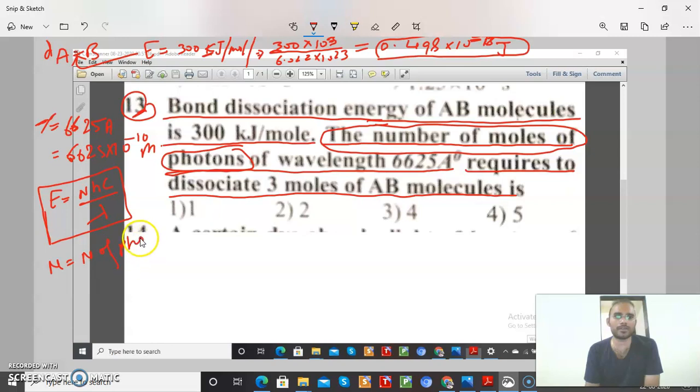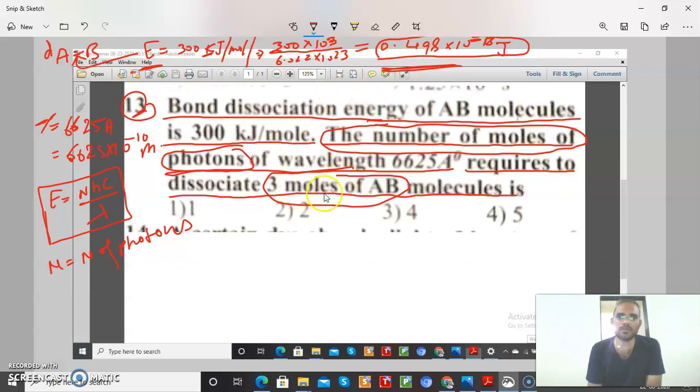Here one more piece of information is given: 3 moles of AB. For 1 mole, the energy is this much, so always keep in mind 1 E is equal to this many we got.